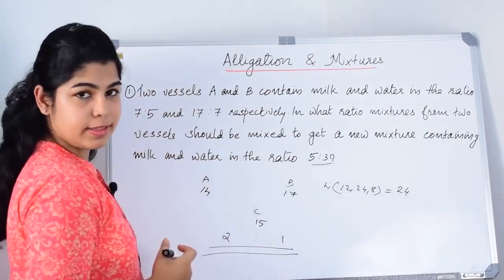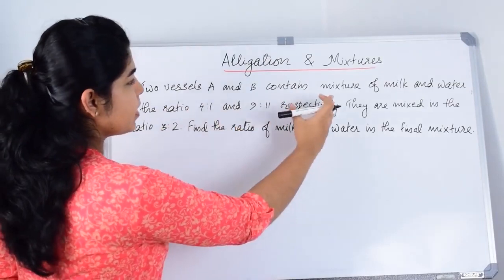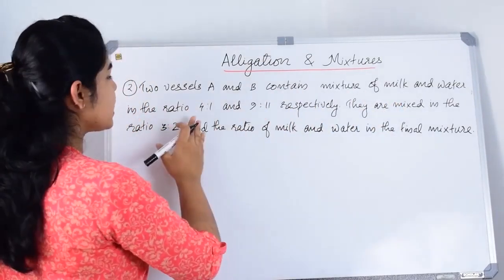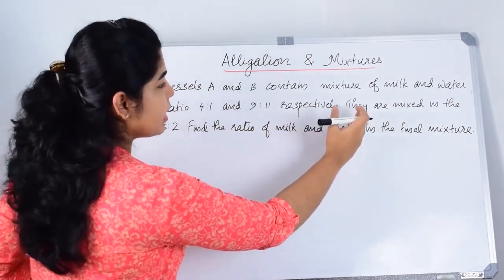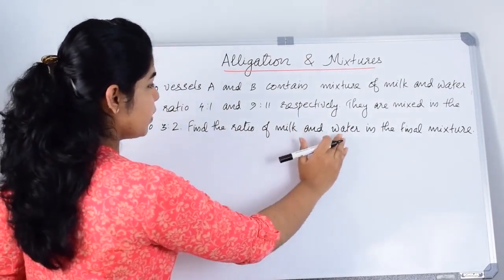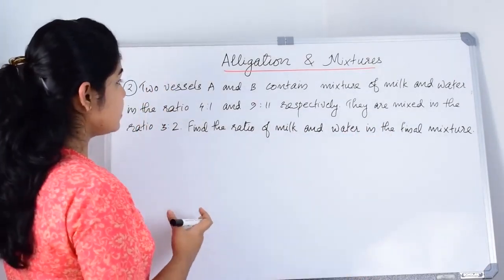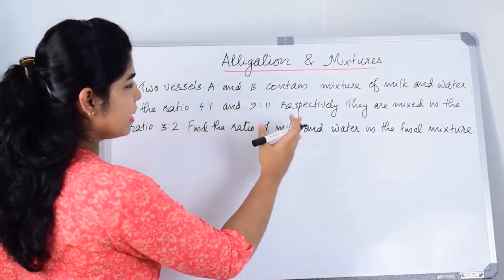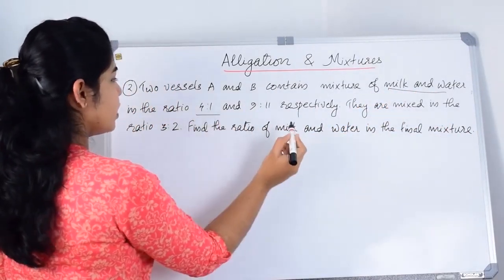Now let us solve another question. Here our question is, two vessels A and B contain a mixture of milk and water in the ratio 4:1 and 9:11 respectively. They are mixed in the ratio 3:2. Find the ratio of milk and water in the final mixture.